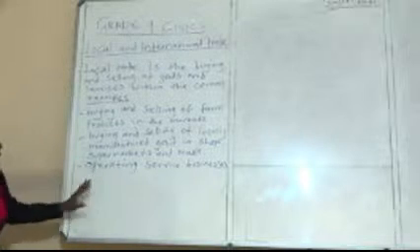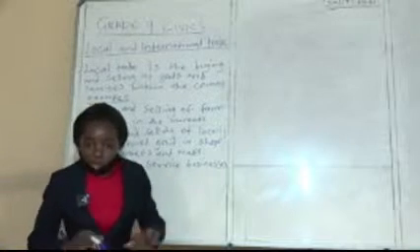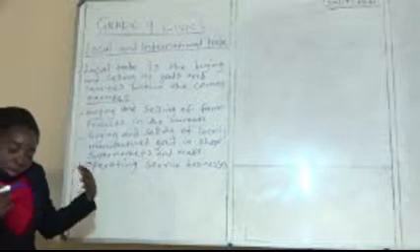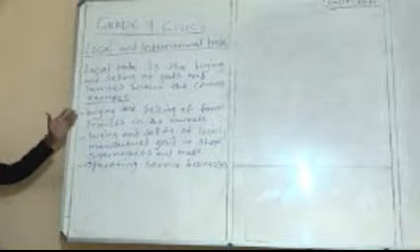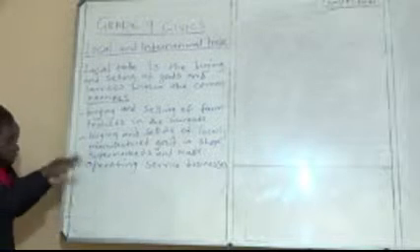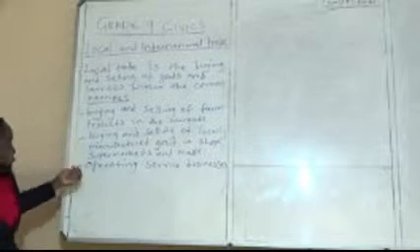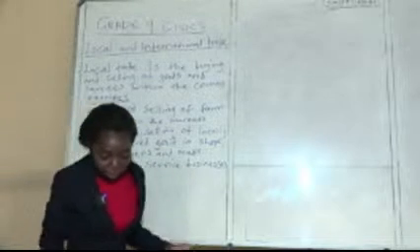Those are examples of operating service businesses. All those are examples of local trade. Okay, these are not the only examples. These are just some of the examples of local trade. So all these take place within the country.